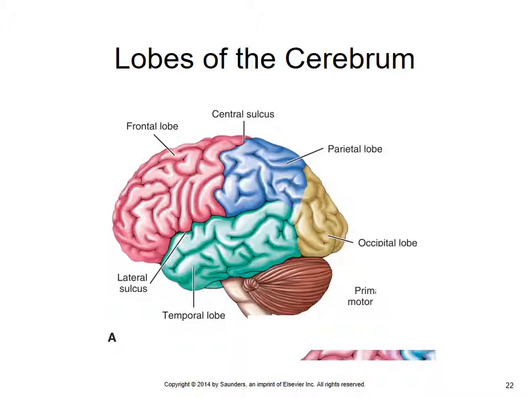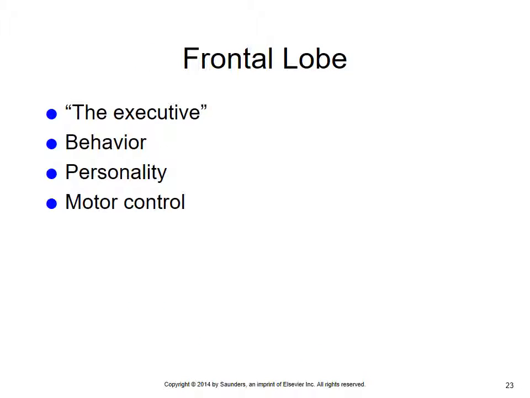If you refer to page 184 in your text, there's a table, 10.2, which is a listing of brain structures and their functions. The frontal lobe may be referred to as the executive and is responsible for behavior, personality, and motor control.